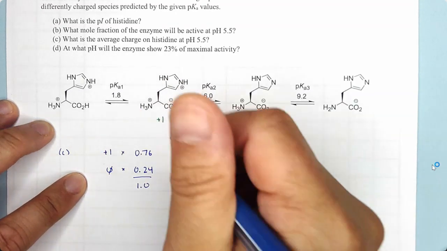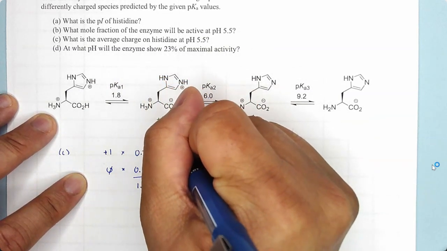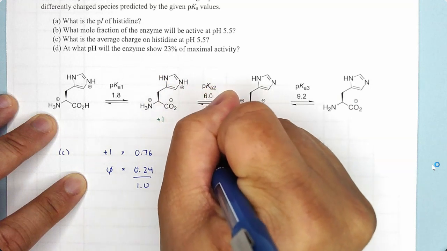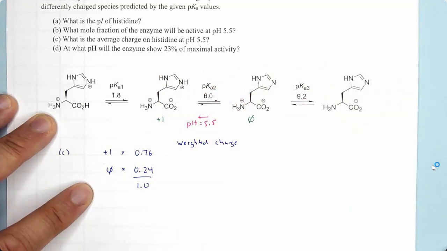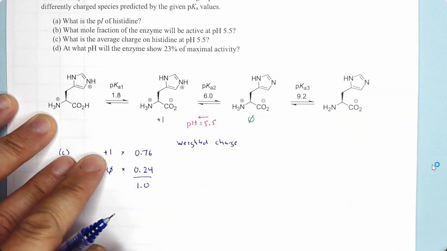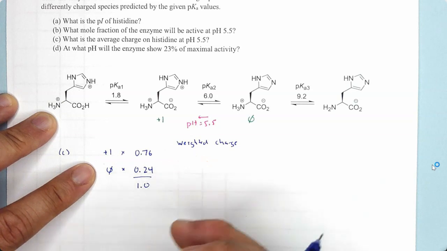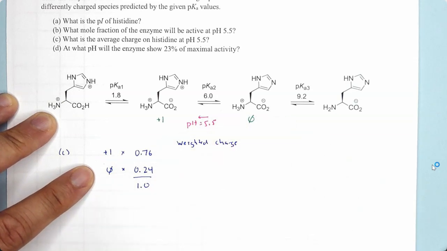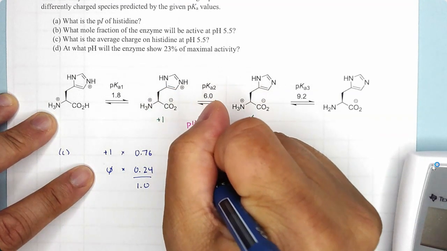Now we calculate what I like to call the weighted charge. Just like for isotopes, you take the mass of the isotope times its abundance, and you have the weighted mass, and you add up those weighted masses to get the average mass. We're going to do the same thing here, and you can see the calculation is pretty easy.